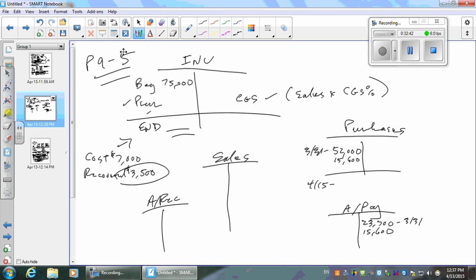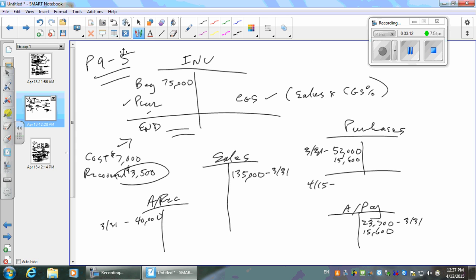What did I start with in accounts receivable? 40,000. Oh, by the way, is there a balance in sales so far? Of course, 135. You guys agree with me? We went to sales now, right? These are March 31st, and we went to sales to April 15th. Okay, now what? You guys want to do another one? Let's give number 2 a shot.